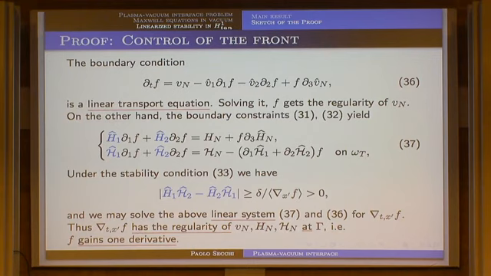We can solve the system here, find the space derivatives, substitute, find the time derivative of F, and we see that the complete gradient of F has the regularity of the sources here, Vn, Hn, and the other Hn, so we gain one derivative, and this is crucial. Otherwise, if we don't have this fact here, we only have the regularity of Vn obtained from the equation, and this is not enough. So it is more unstable.